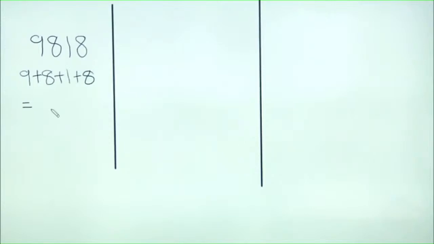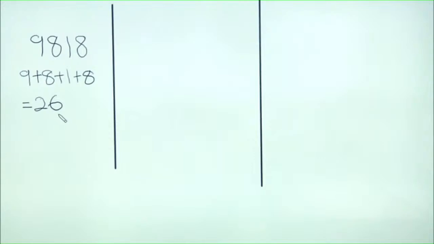Here we can add 9 and then 1. 9 plus 1 is 10. 10 plus 8 is 18. 18 plus 8 will give us 26. So when we add the digits of 9,818, we will get 26.